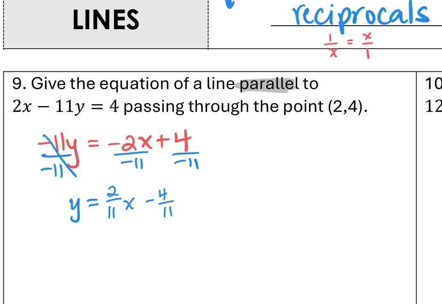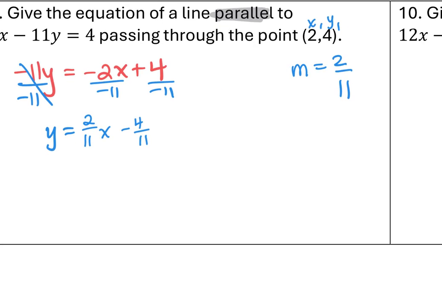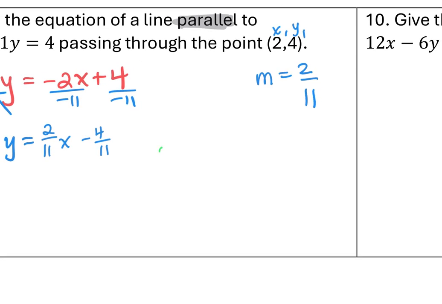So the point that we're going to use is this 2, 4. That's our x1 and y1. And the slope we're using is 2 over 11, because the lines are parallel. So we use this same slope with this line, plug it into point slope. So that's what we just practiced up top. So when we plug this in, it would be y minus y1, which is 4, and that equals m, which is 2 over 11, times x minus the x1, so minus 2.